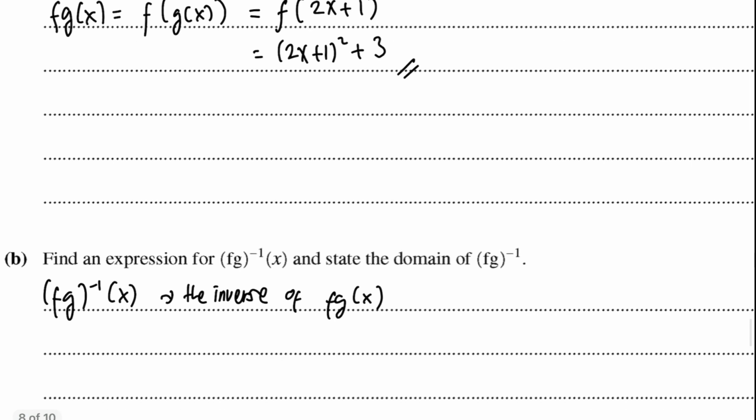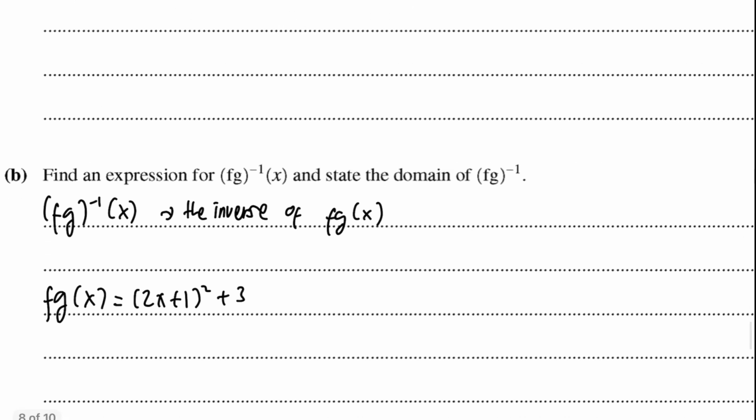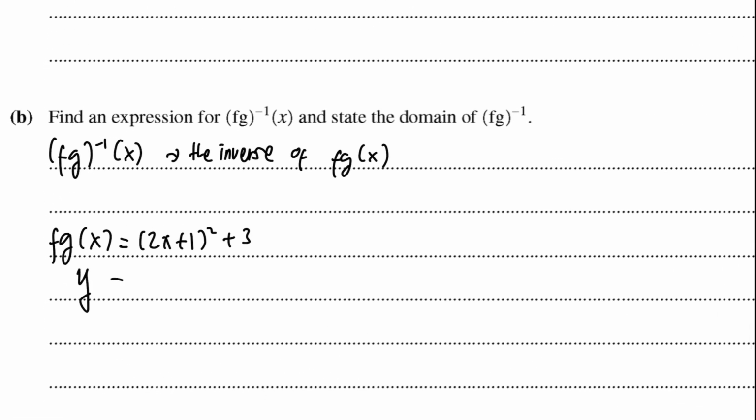Because we know that fg is (2x plus 1) squared plus 3, we need to find the inverse of this function. So same step, make it equals to y. And then before we solve, we need to interchange x and y. And we solve for y.